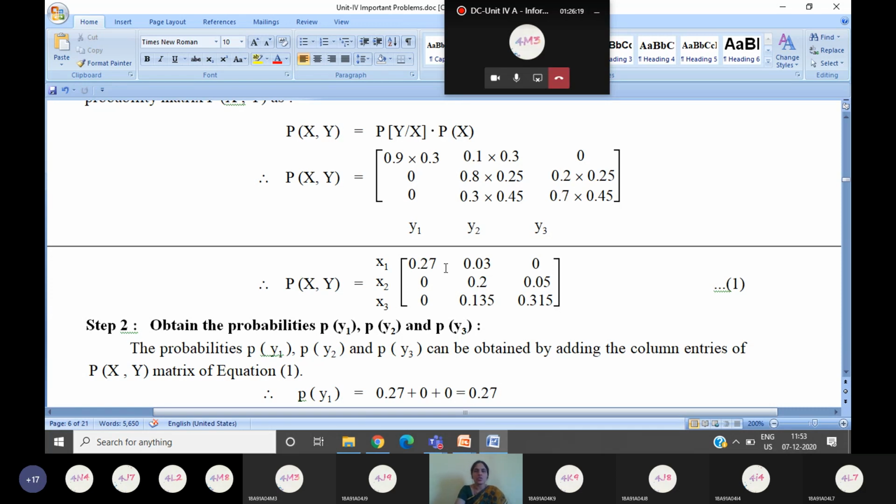Now you got some joint probability matrix. Something has come out. Now how can you say that your answer is correct? What is the condition to prove that the obtained matrix is P of xy, that is the joint probability matrix? I said earlier, what is the condition to say that it is a joint probability matrix? Any one of you, can you please respond?